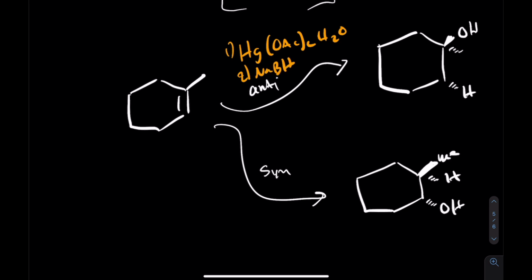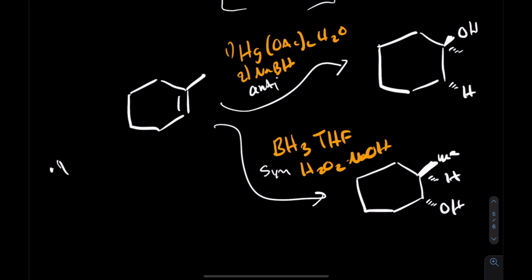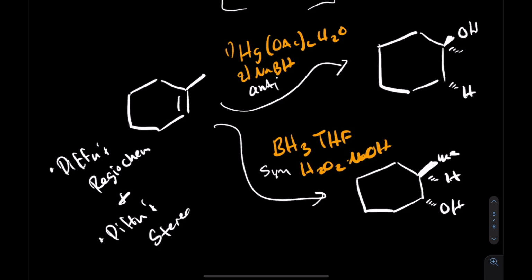And on the bottom, this is just borane addition with peroxide and sodium hydroxide to displace that. In these two processes, you get different regiochemistry and different stereochemistry, so you end up with different products.